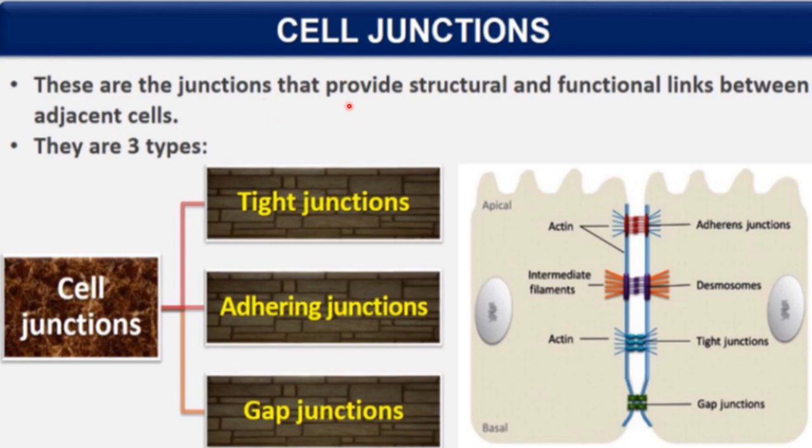So we can say these are junctions which provide structural and functional links between the cells. Now these junctions are of three types. So cell junctions are of three types. We can say these are tight junctions, adhering junctions and gap junctions. These are three types of junctions which are found between adjacent cells as a link.